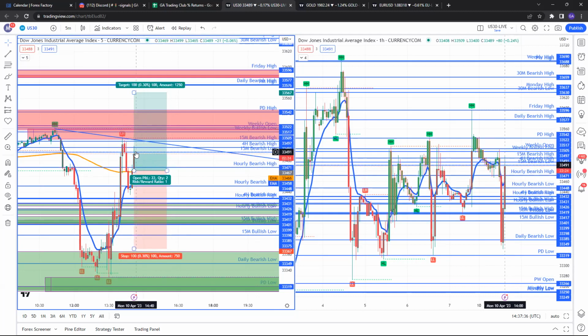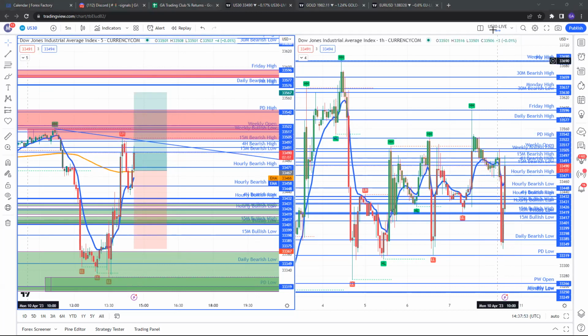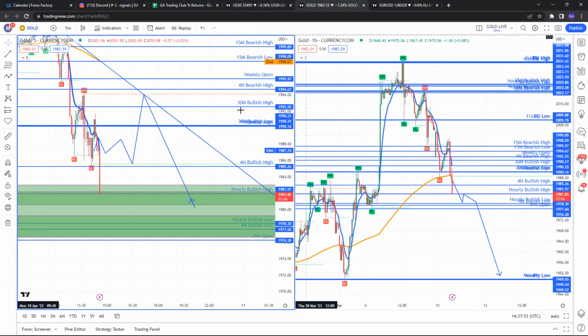You can see where US30 is rejecting from. It's rejecting from this 4-hour bearish high. So that is the only thing keeping this trade level for now. But once we do break the 4-hour bearish high, we should see... and I think gold just dropped down there. Look at gold, right? Just went straight into demand.